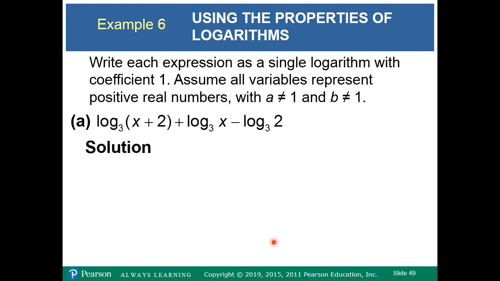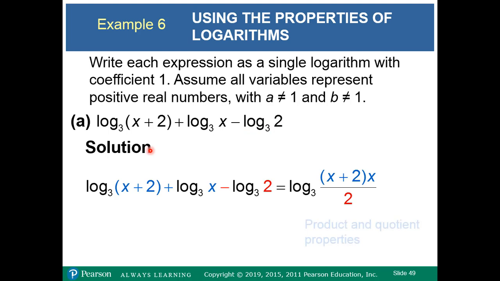Okay, now we can go the other way. We can go from expanded to condensed, I guess, if you will. So we can collapse it and write it as a single logarithm. So now the key thing is these all have to be the same base in order to use these. Okay, so now we've got a plus, so we can write this as a product. We've got a subtraction, so this is going to be a quotient.